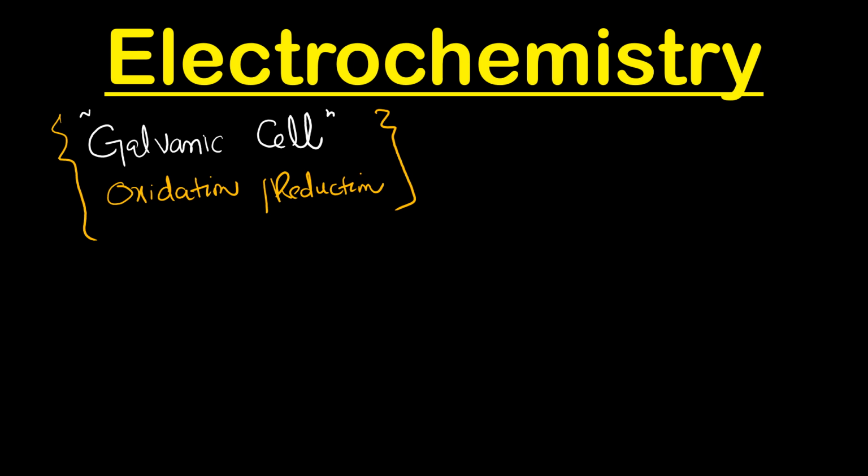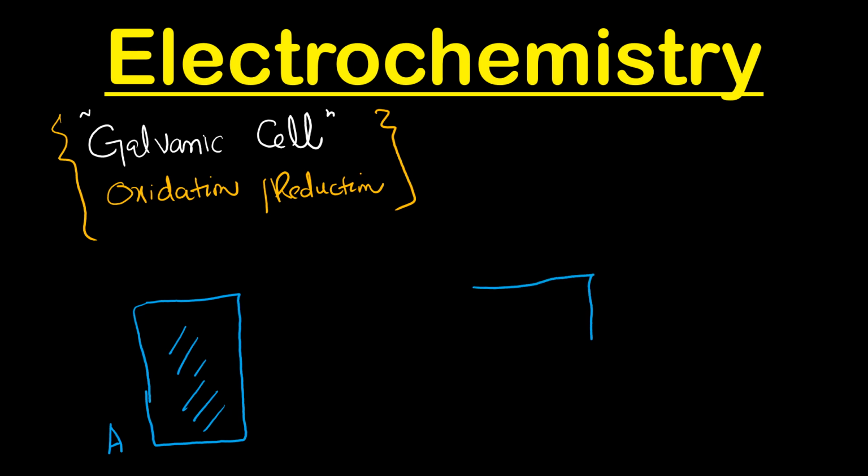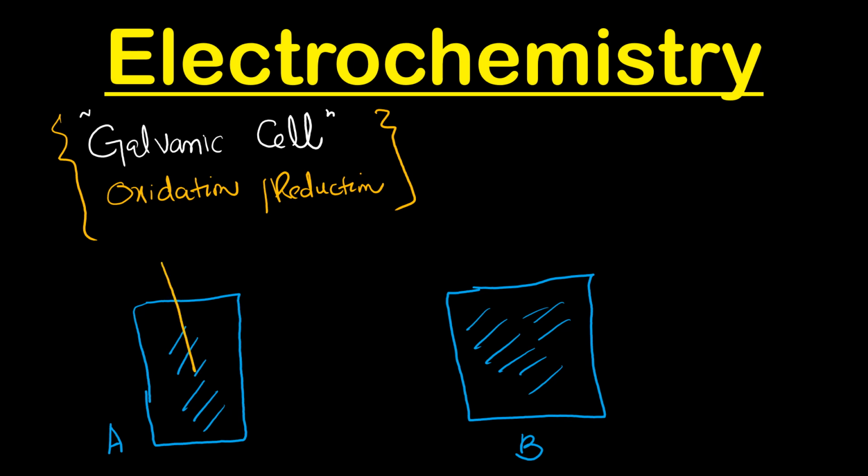Suppose this is one portion of a cell which is composed of a solution A, and this is the second part of the cell which is composed of a solution B. Now, a galvanic cell usually consists of electrodes.